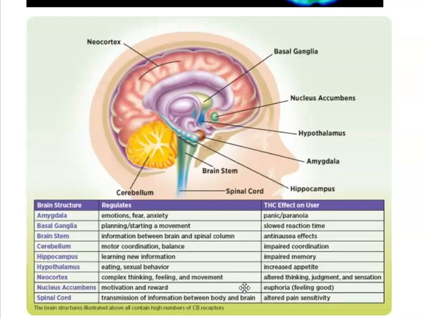And in the spinal cord, activity there, again, transmission of information between the body and the brain, and that is where pain is often processed. And so, which is why THC is often used for pain management. So multiple regions of the brain have those CB1 receptors, which is why THC has a multitude of different effects.